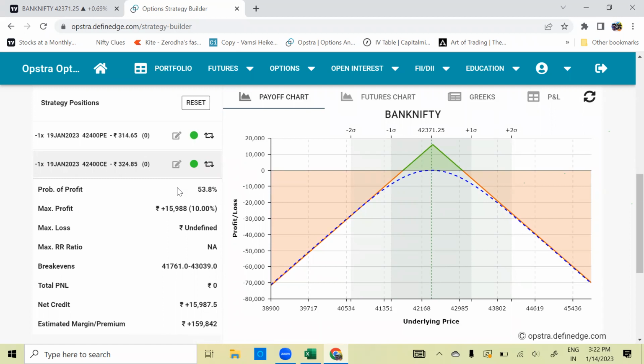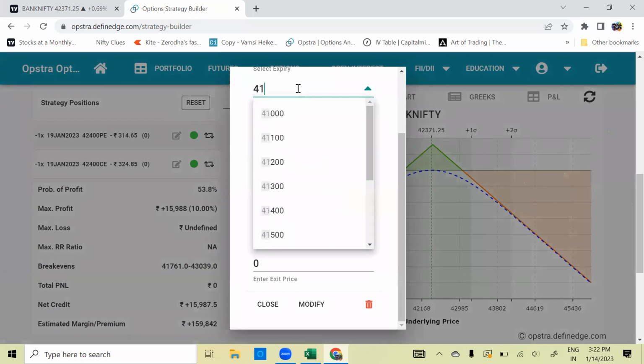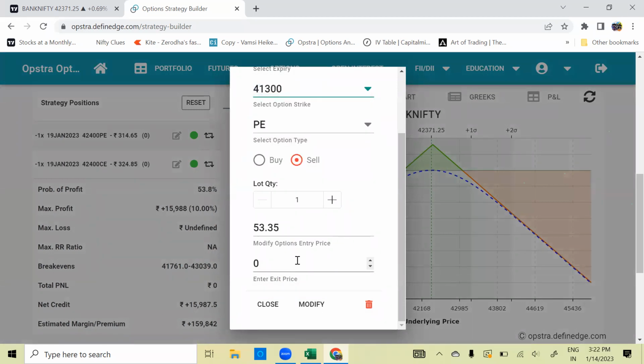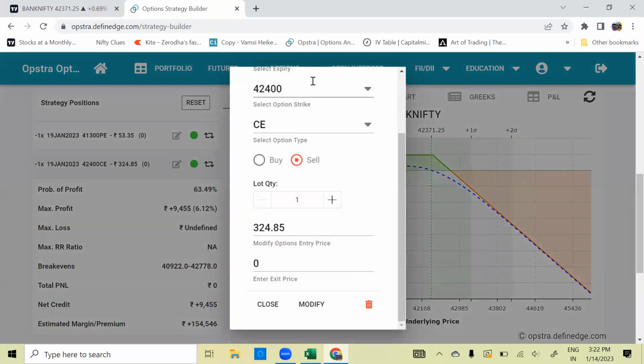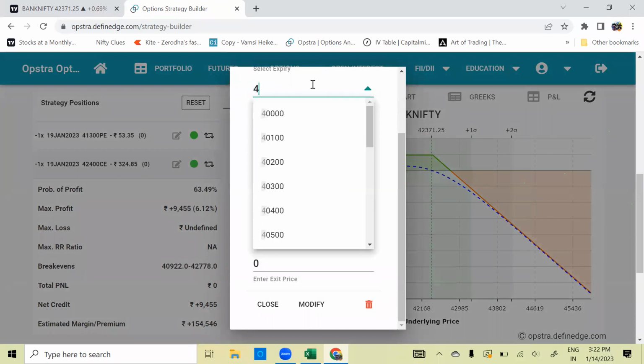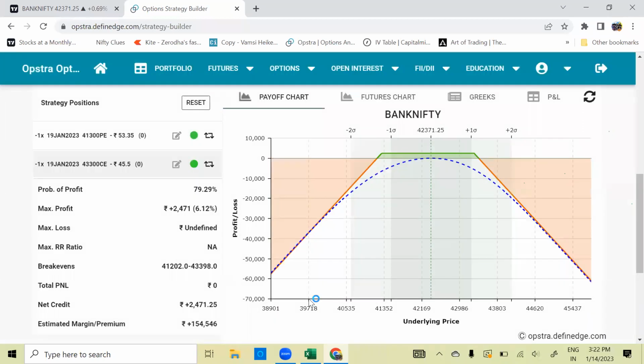So why we use inside hedge, and what is the importance of inside hedge? We sell strangles as usual. So 41,300 is the put option, and 43,300 call option I am selling.